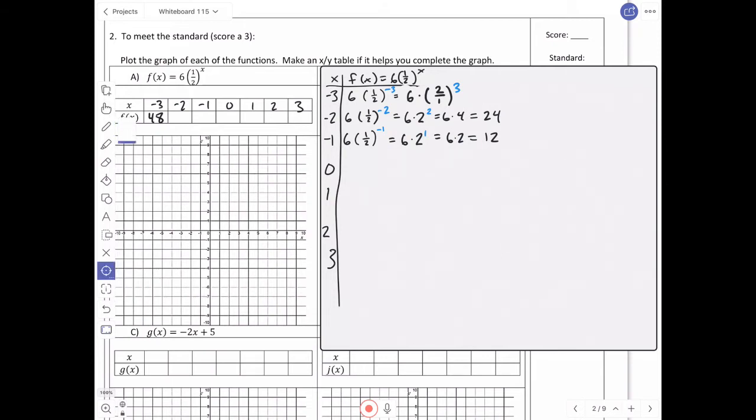Because the 1/2 flipped over and became 2 over 1, I got to change from a -3 to a +3. Which I then wrote as 6 times 2 to the 3rd, which became 6 times 8, which became my 48.